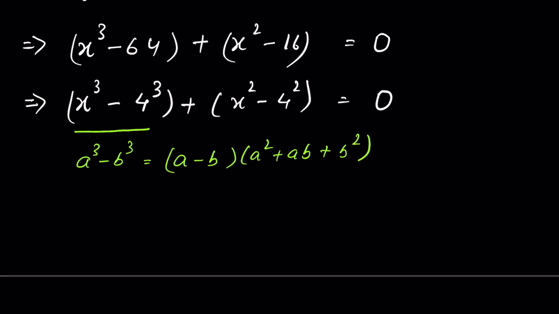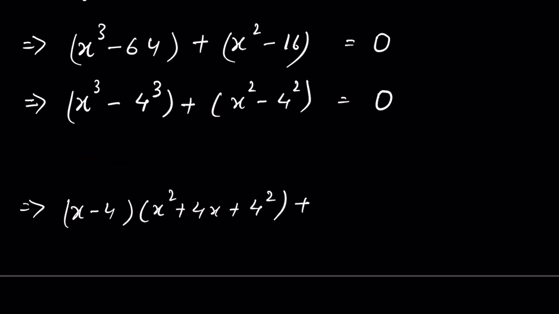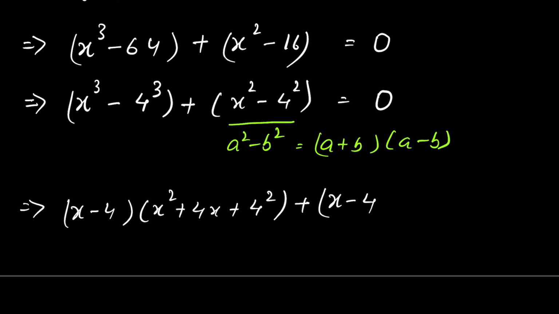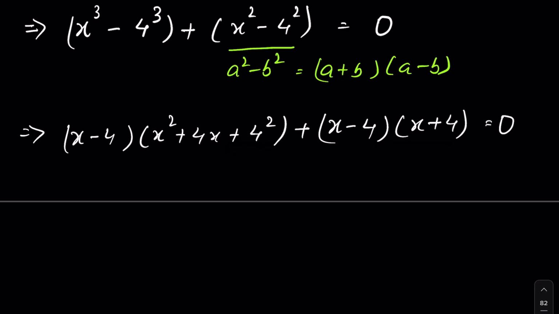So we can expand it as x minus 4, then x square plus 4x plus 4 square, then plus, this is in the form of a square minus b square, difference of squares, we can expand it as a plus b times a minus b. So we can write it as x minus 4 times x plus 4 is equal to 0.